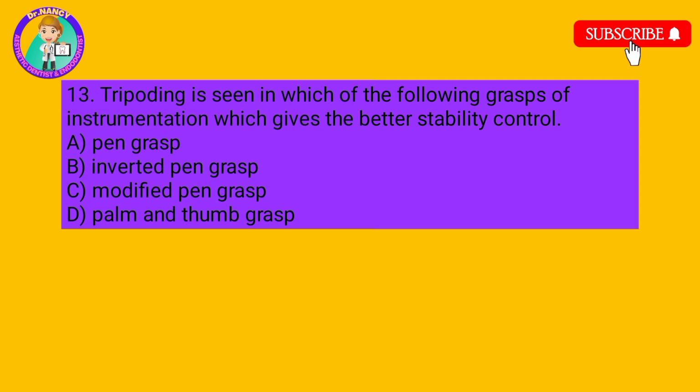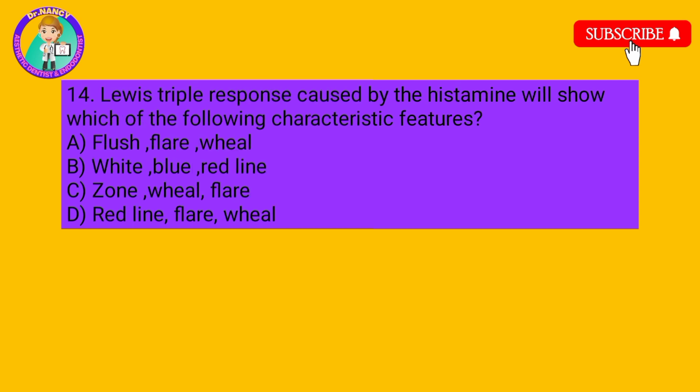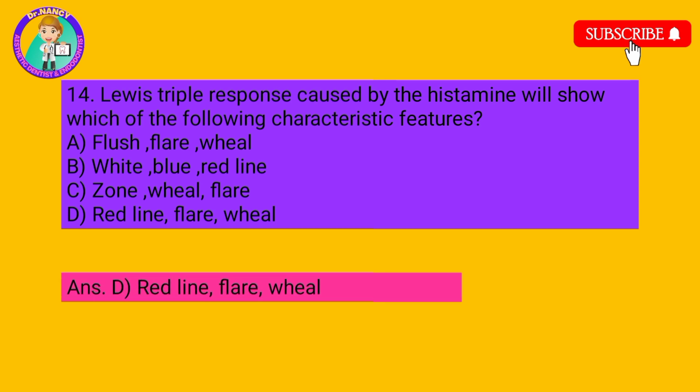Pen grasp, inverted pen grasp, modified pen grasp, palm and thumb grasp. Answer: modified pen grasp. Dewey's triple response caused by the histamine will show which of the following characteristic features? Flush flare wheel, white blue red line, zone wheel flare, red line flare wheel. Answer: red line, flare and wheel.